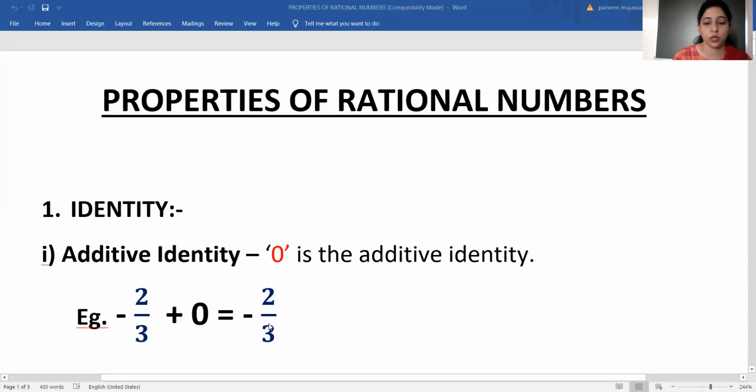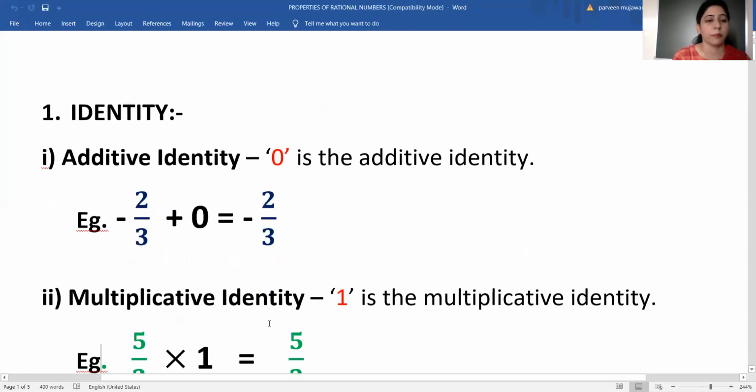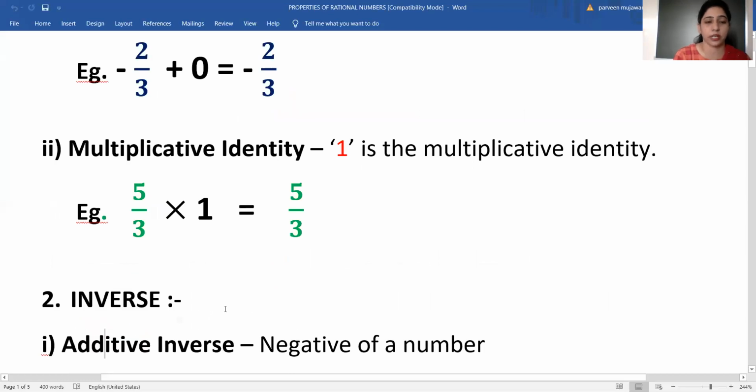Now, the next one is multiplicative identity. The word multiplicative itself says multiplication. So you can check in the example, the main sign is multiplication. So what is the multiplicative identity for rational numbers? 1 is the multiplicative identity for rational numbers.